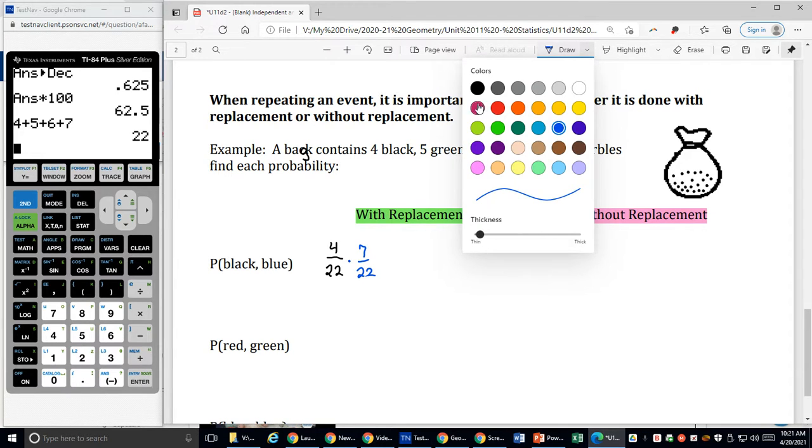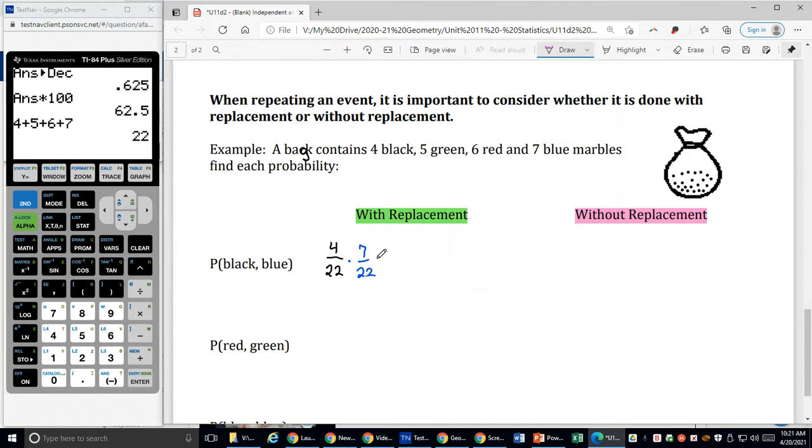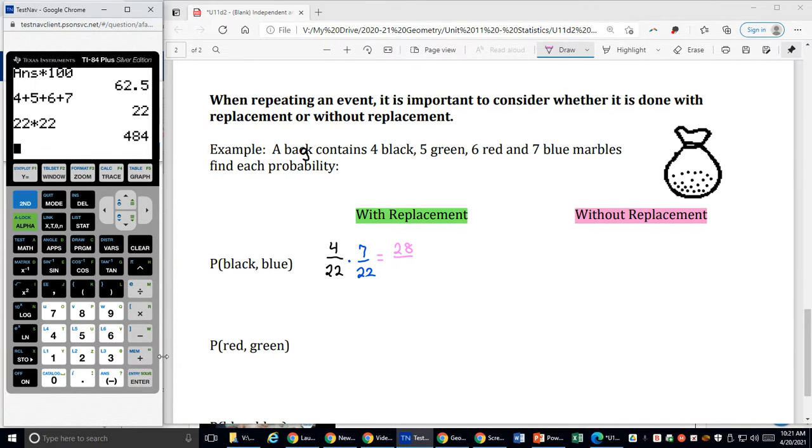We'll go with pink. There's no pink marbles. All right, so 4 times 7, 22 times 22 is 484. That is going to be 28 divided by 484.